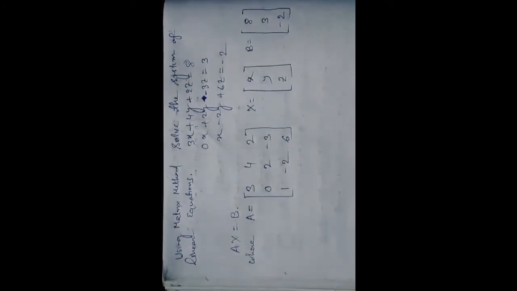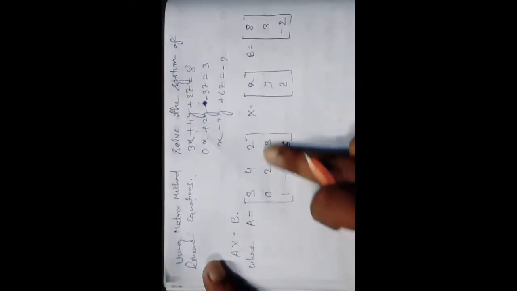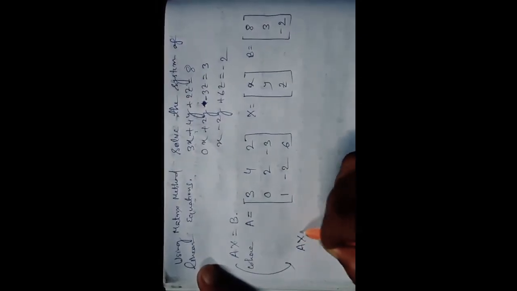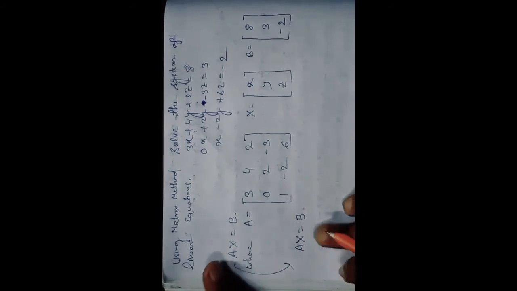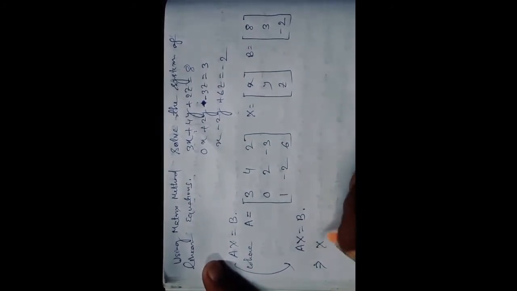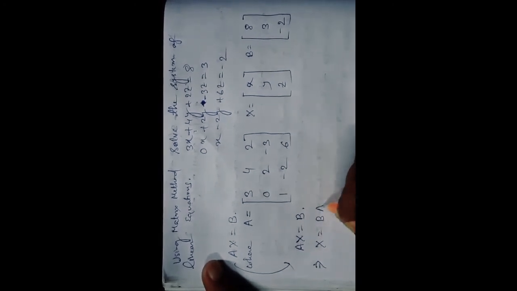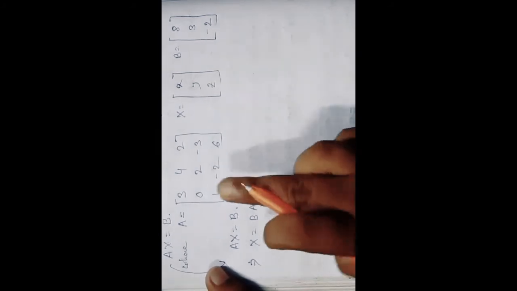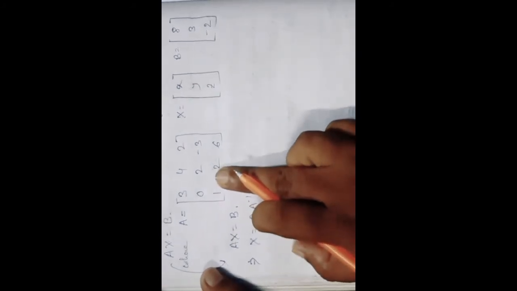Understood? Now obviously since Ax equals b, from here we will get x equals A inverse into b. Hope you understood. So we have to find A inverse from here.